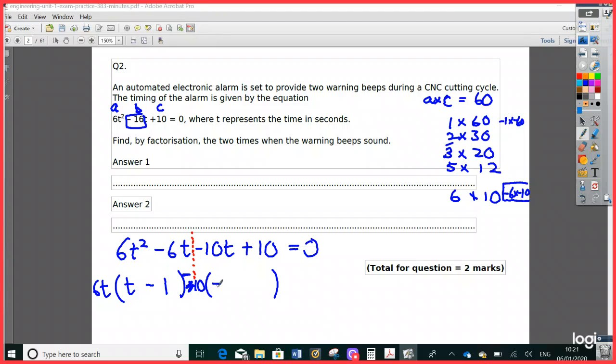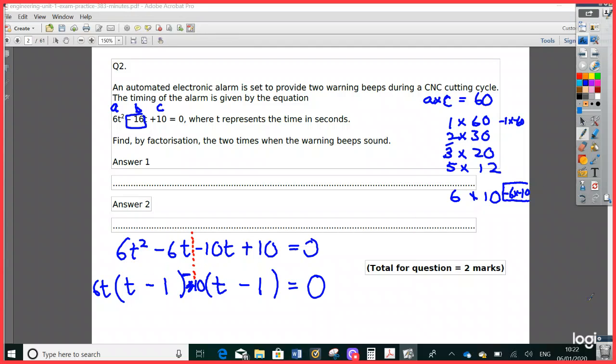So minus 10 times something gives you minus 10t, the answer is t. Minus 10 times what gives you plus 10? Minus 1. Now, if you do this right, that's why I hesitated, both of the brackets are the same. It will always be the same, okay? If not, then you just have to manipulate some of your signs, but you must make sure both brackets are the same.